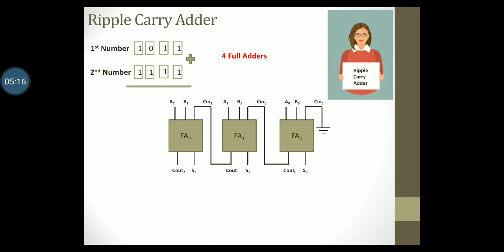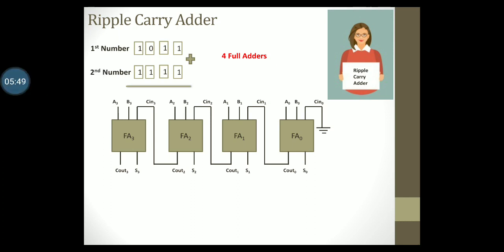To add the fourth column, we need another full adder. This full adder is named as FA3 and has three inputs, A3, B3 and Cin3. Note that Cin3 is connected to Cout2 from the previous full adder. This full adder also has two outputs, S3 and Cout3.